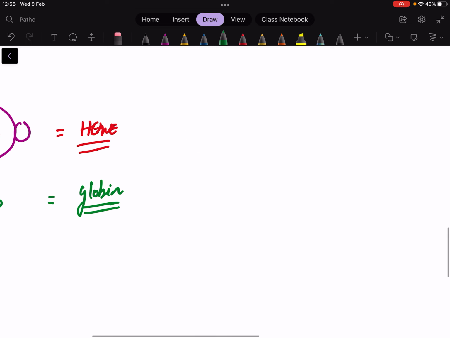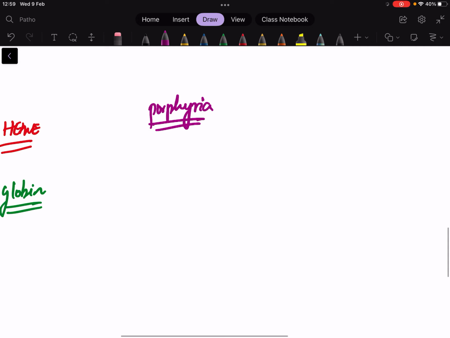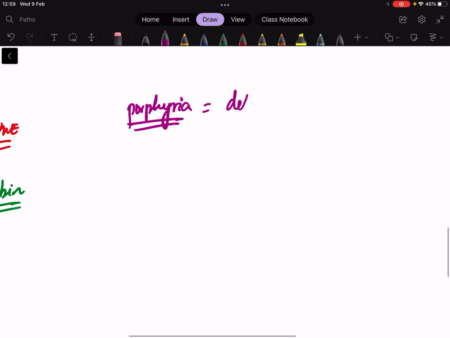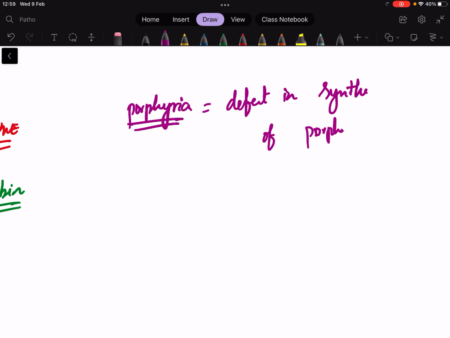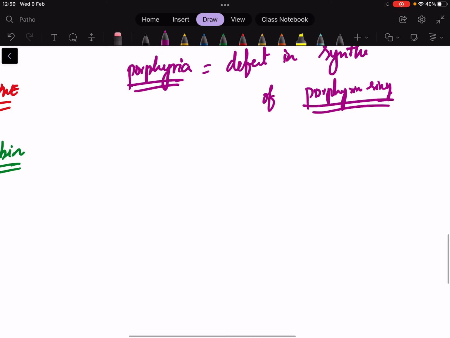So what is meant by porphyria? The basic meaning of porphyria is defect in synthesis of your porphyrin ring. Okay, so basically what I am saying is there is a defect in the porphyrin biosynthesis.